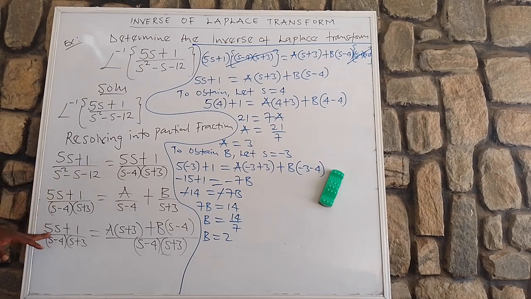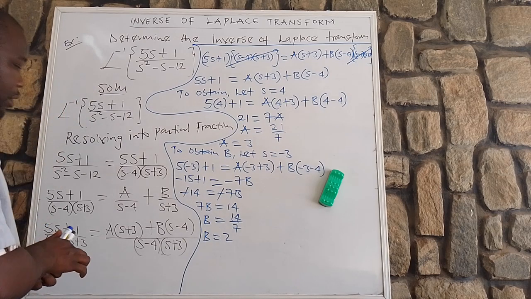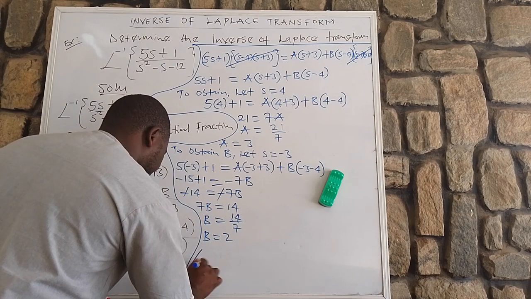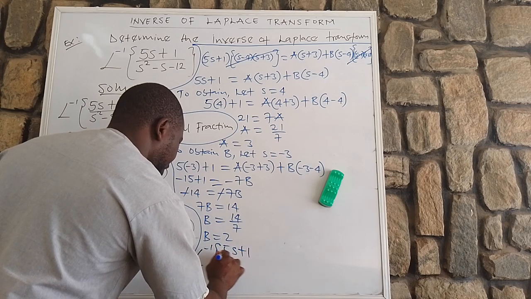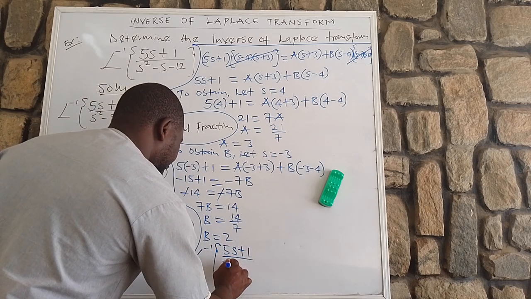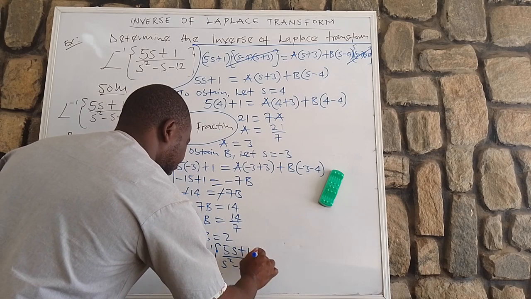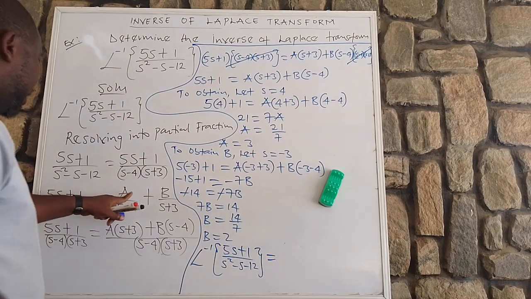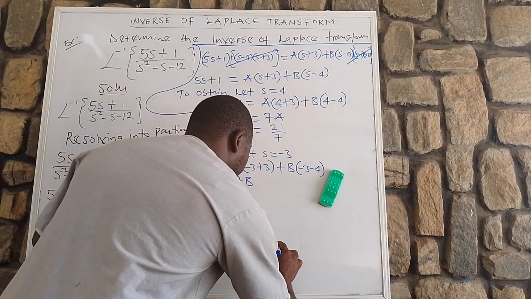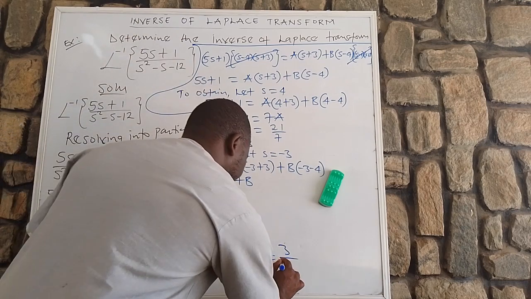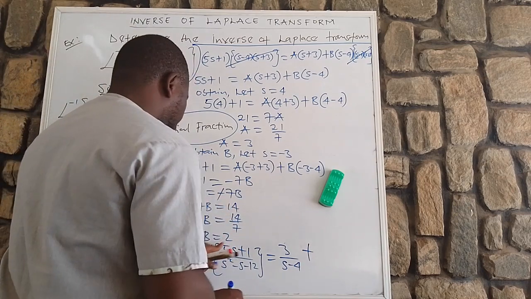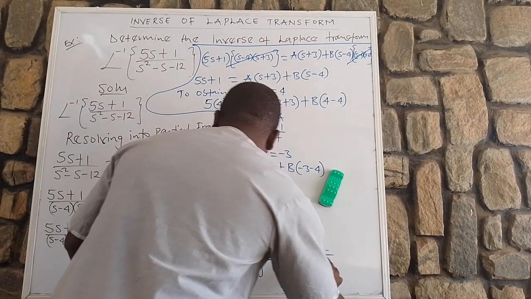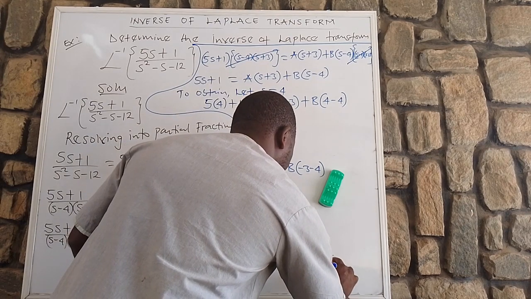This implies that the Laplace inverse of (5s + 1)/(s² − s − 12) will be equal to, our A is 3, so 3 over s − 4, plus our B is 2, so 2 over s + 3.